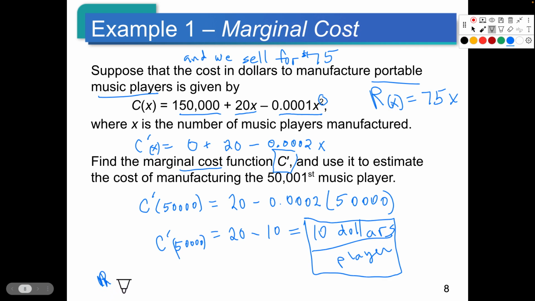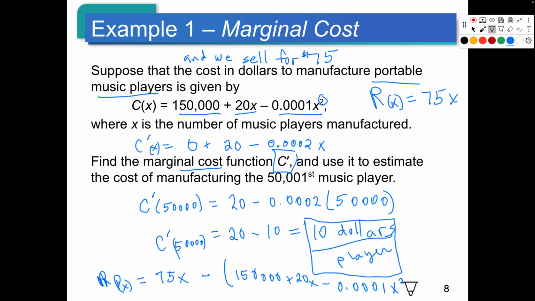Profit function. 75x, that's our revenue, right? That's positive. That's the cash that comes into us. Minus, and this is not the marginal, it's the whole cost function, 150,000 plus 20x minus 0.0001x squared.